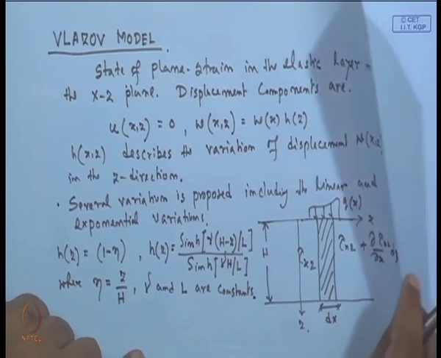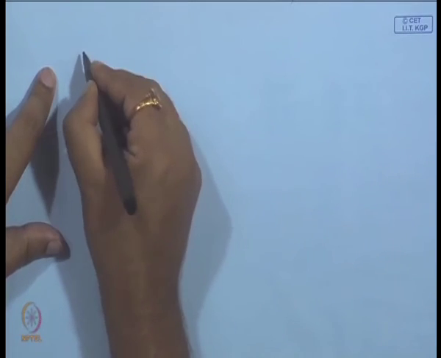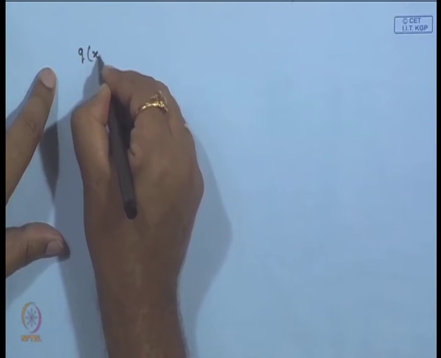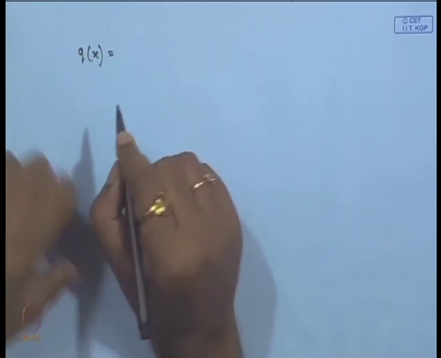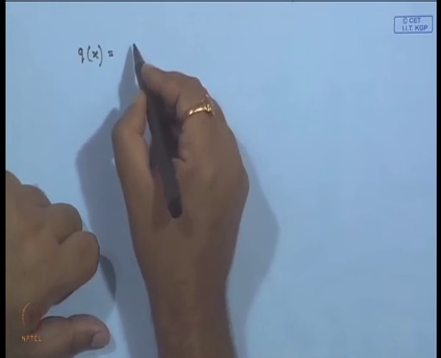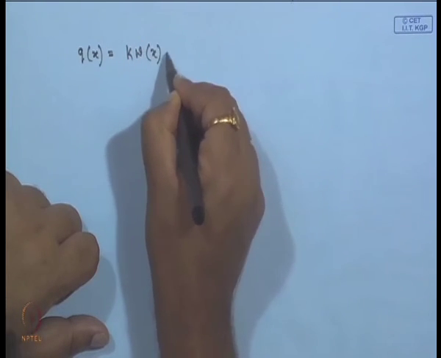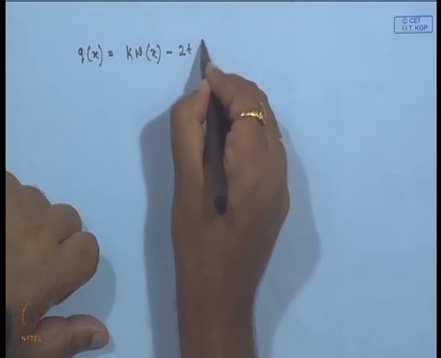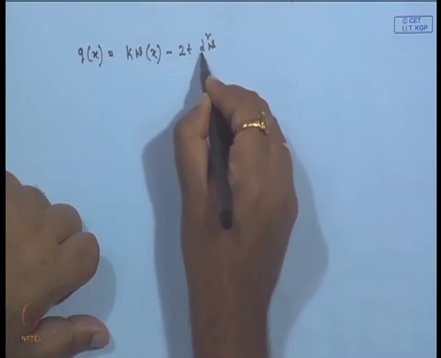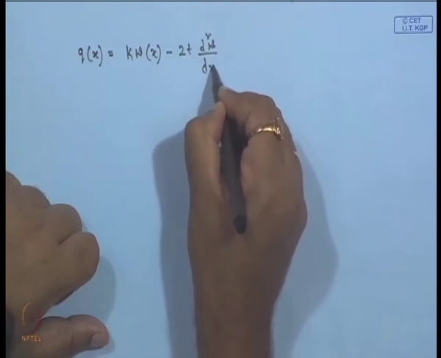Now, using the principle of virtual work, the expression of q x, the final response function that we get, is k into w x minus 2 t d square w by d x square.